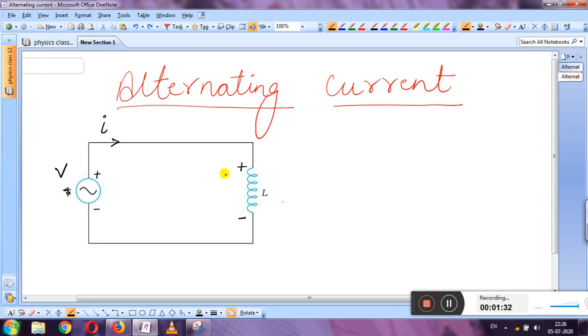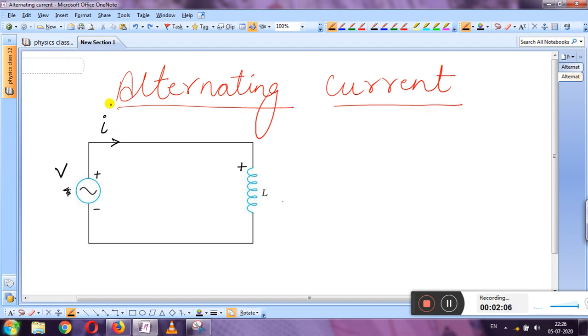Then this I is the instantaneous value of alternating current, and instantaneous value means value of current at any instant. At any instant the value of current will be different. That means we can say continuously the value of current is changing.